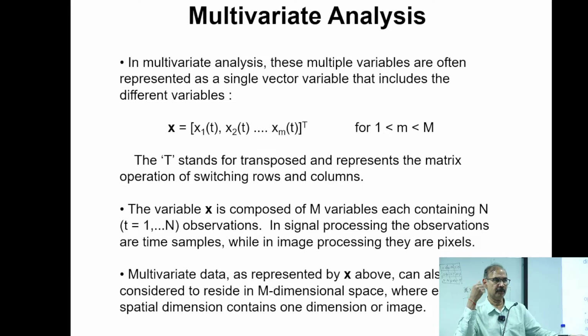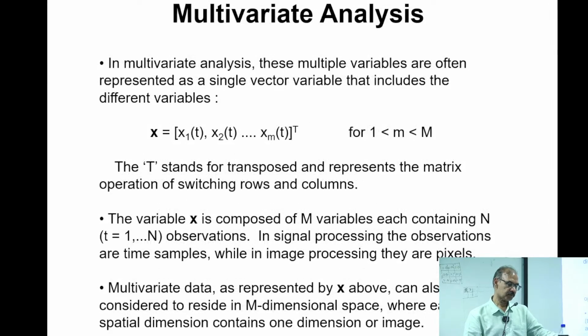So it would represent voxels. There are a number of voxels capturing some common properties, and we have to decipher this. And T stands for transpose, right? So it could be in row or in column, doesn't matter.